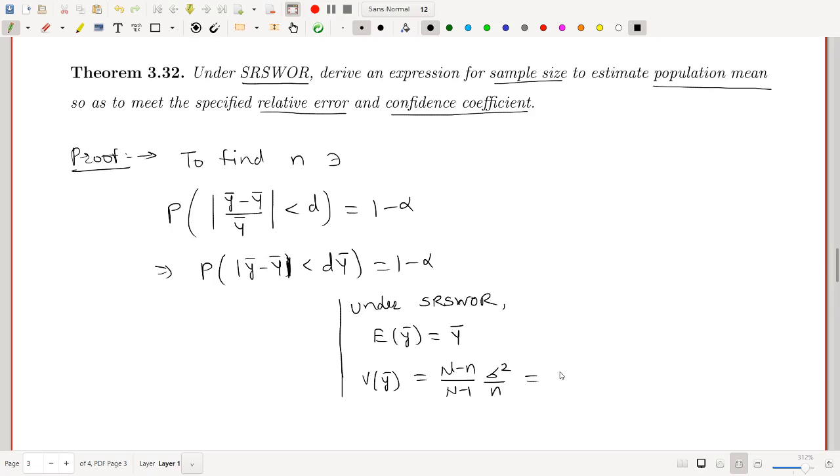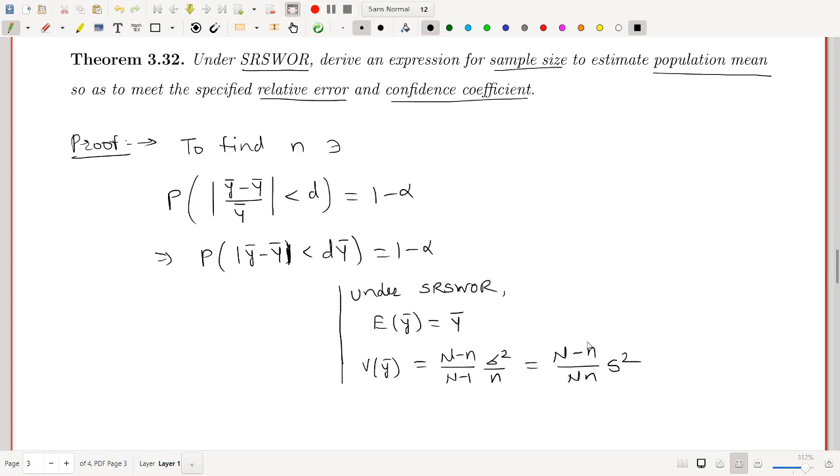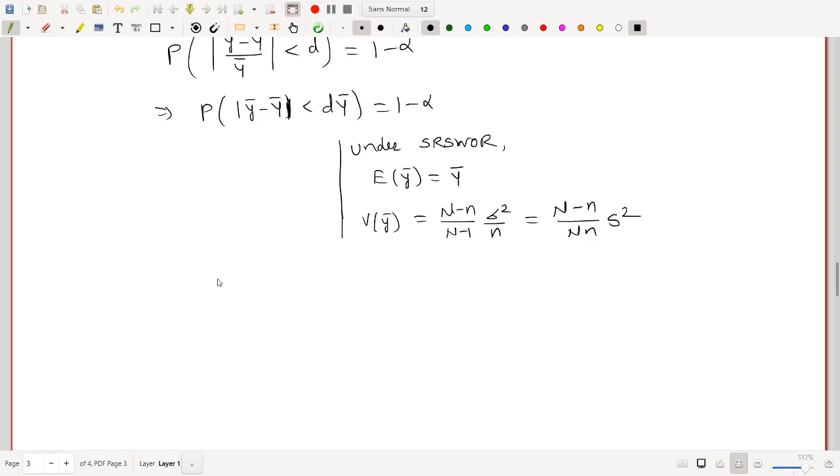Now this same formula in terms of population mean square is capital N minus small n upon capital N, here it is not N minus 1, here it is S square upon small n. So small y bar follows asymptotically normal with mean Y bar and variance N minus n upon N n S square.